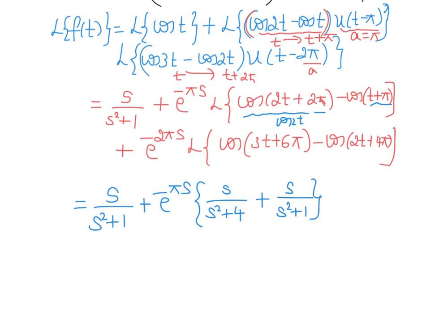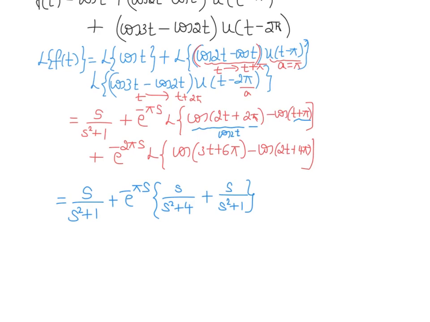Next we go with the third term. So we have plus e power minus 2 pi s as it is, and the Laplace transform of cos of 6 pi plus 3t. 6 pi plus 3t is in the first quadrant. We get cos 3t. So the formula of the Laplace transform of cos 3t is s by s square plus 3 square, that is 9. Next we have cos of 4 pi plus 2t, that is also in the first quadrant.